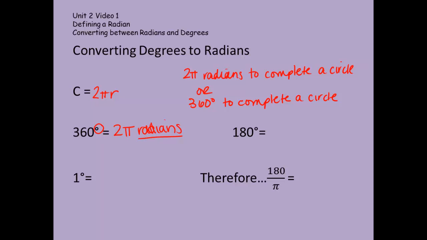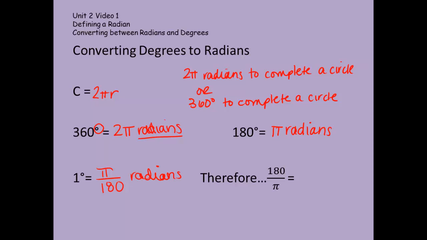We can simplify that to say, well, if 360 degrees is 2 pi radians, then halfway is just pi radians. And I can continue to simplify that, and I can say that 1 degree is equal to pi divided by 180 radians.